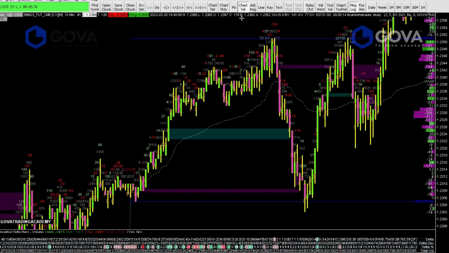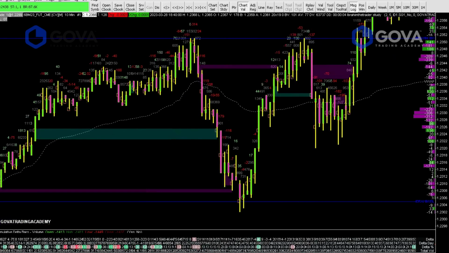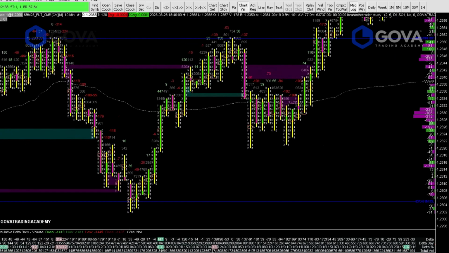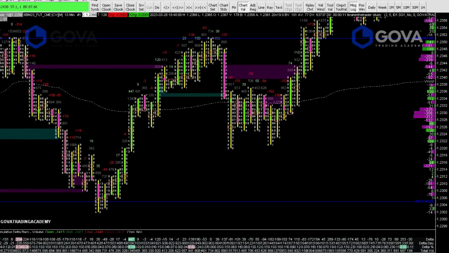Okay. Now on my footprint chart, I was able to squeeze the chart. That is why you are seeing my chart like this. But let me unsqueeze it so that we can see the figures. So right now I'm trying to unsqueeze the chart so that we should be able to see the figures of what happened on this area. Now you can see I'm opening the charts gradually.